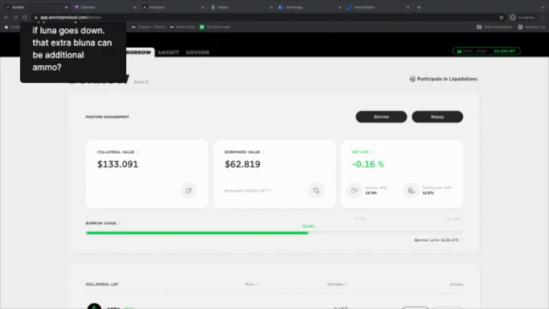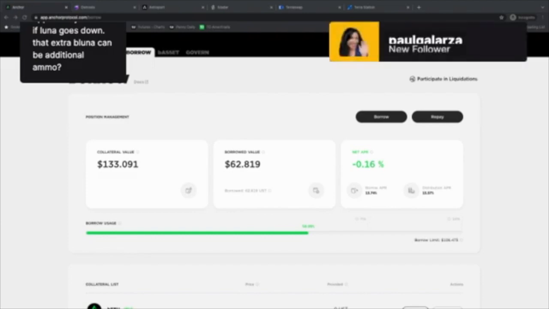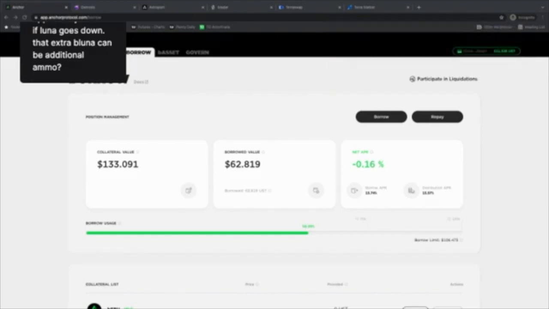We then borrowed off of the collateral, and we took that borrowed value back to the DEX and bought more bLuna. And then I took the loan to value back up to 60%, because when I added that collateral back, my loan to value went down, like we discussed. And then I took that extra little bit of money and threw it into Earn. Now I can essentially watch my LTV over time to ensure that I don't get liquidated.